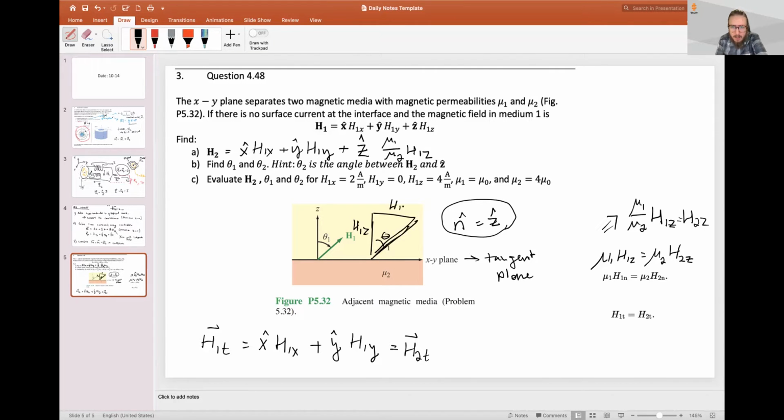So this one, H1 tangent magnitude, which would be, right, the tangent magnitude here is H1x squared plus... right. So you can find the angle any number of ways once you come up with this triangle.